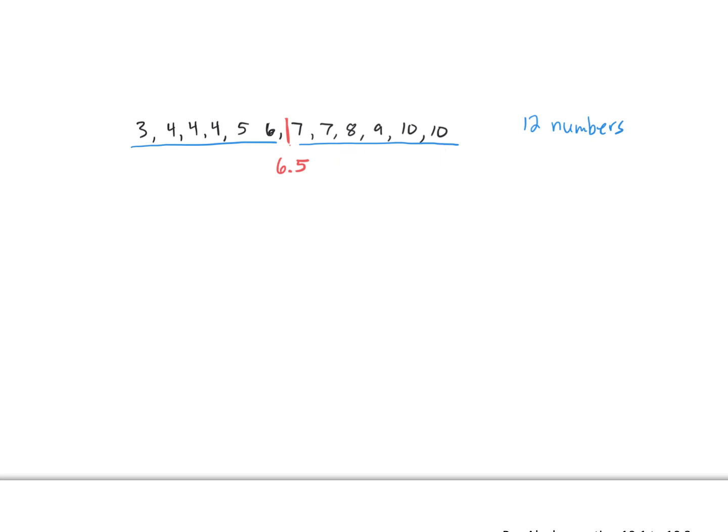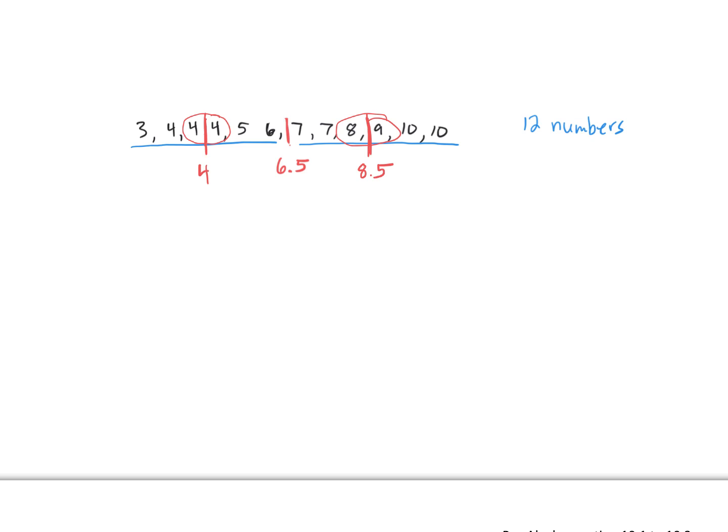So when I'm looking at those numbers, there are 6 numbers in each list, so the center is going to be right there and right there, which means, again, I'm going to have to find the average of these two numbers. The average of 4 and 4 obviously would be 4, and the average here would be 8.5.